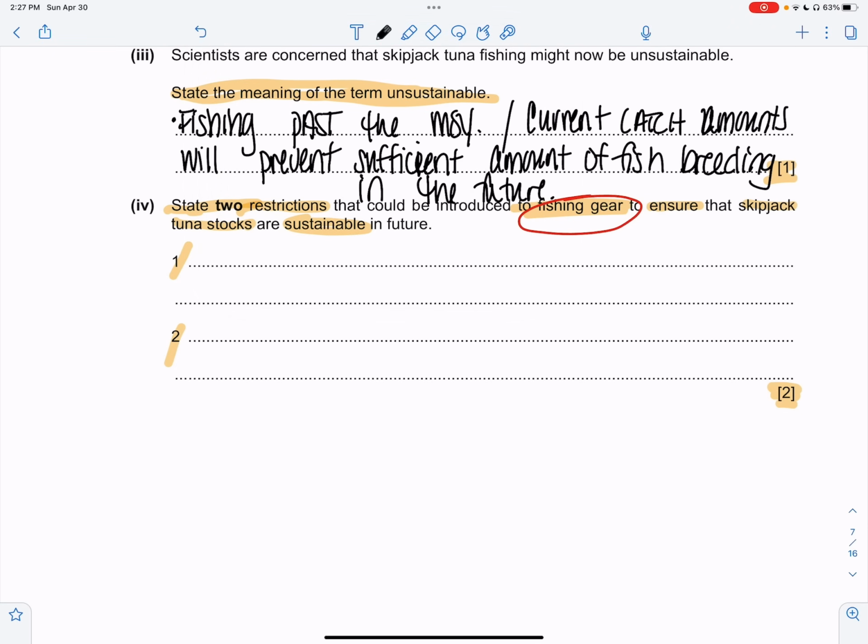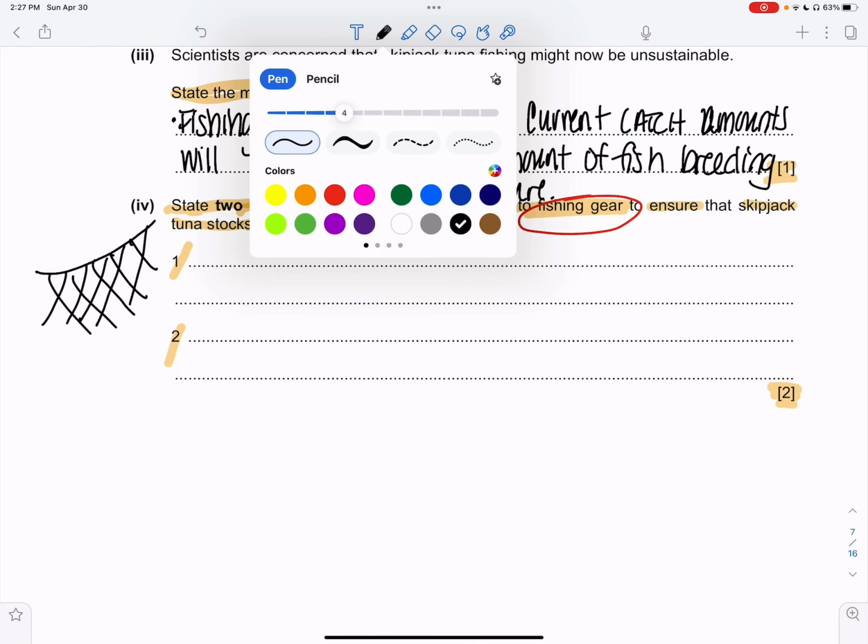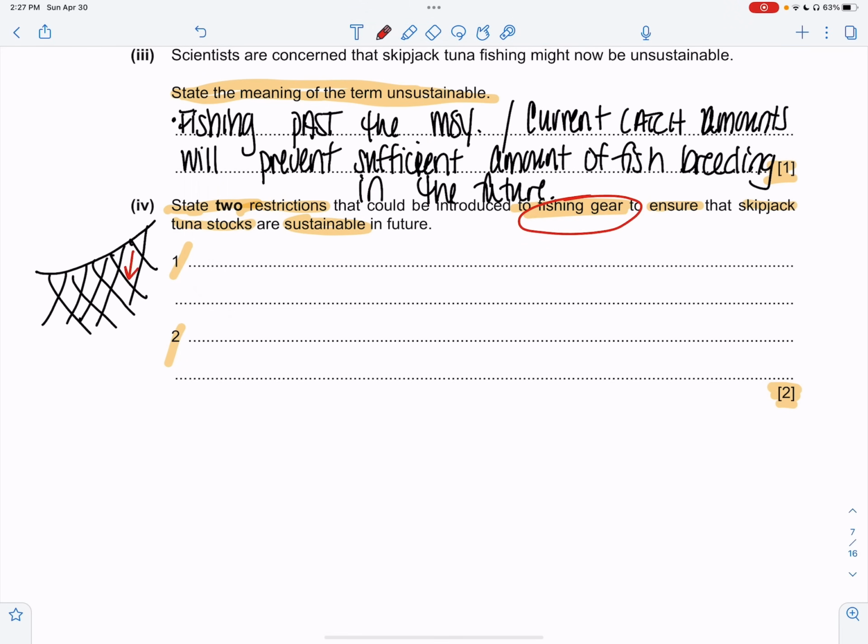So first thing I think about is within the purse seine, and one of your vocab words as well, minimum mesh size. Introduce minimum mesh sizes, or tell them that they need to increase the mesh size so that your juveniles are able to escape.